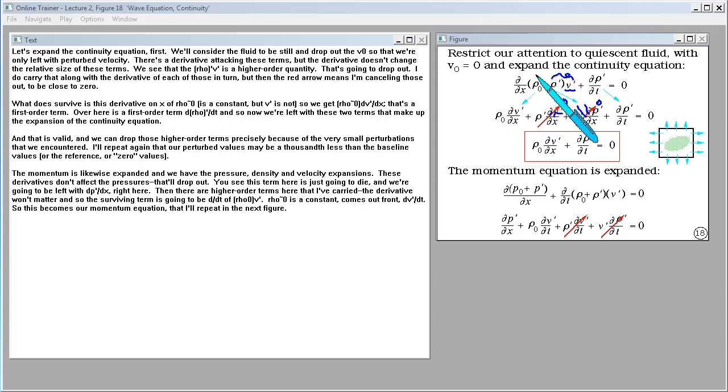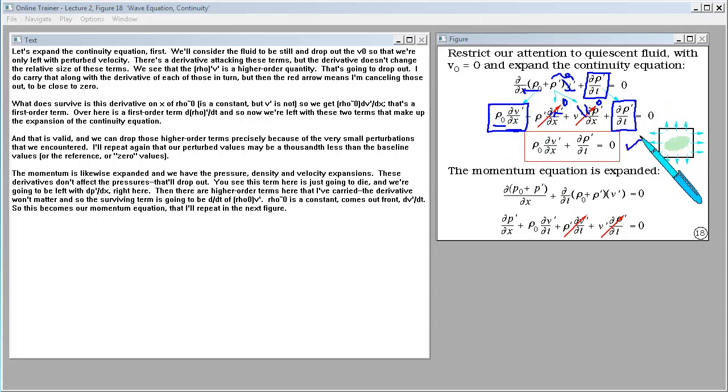What does survive is this derivative on x of rho 0 v prime. Rho 0 is a constant, but the v prime is not. So you get rho 0 dv prime dx. So that's a first order term. Over here is a first order term, d rho prime dt. And so now we're left with, indeed, these two terms that make up the expansion of the continuity equation.